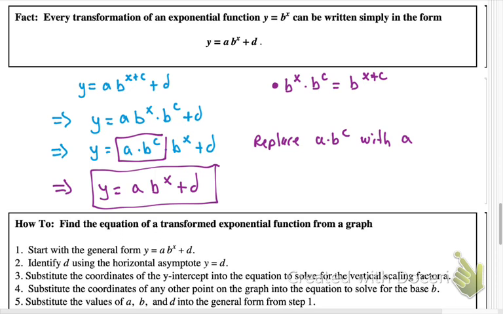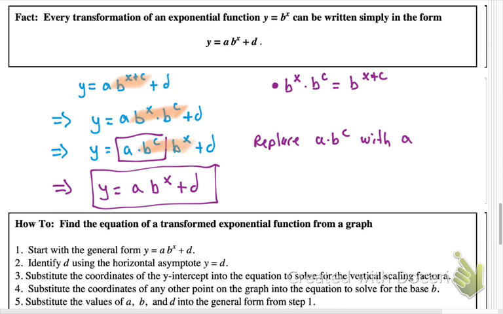Okay, so to reiterate, I took the general form of the transformation of b to the x, where the horizontal shift was expressed in the exponent with b to the x plus c. Then I used the properties of exponents to separate those powers as b to the x times b to the c. And then in the third step, I just rearranged the multiplication.